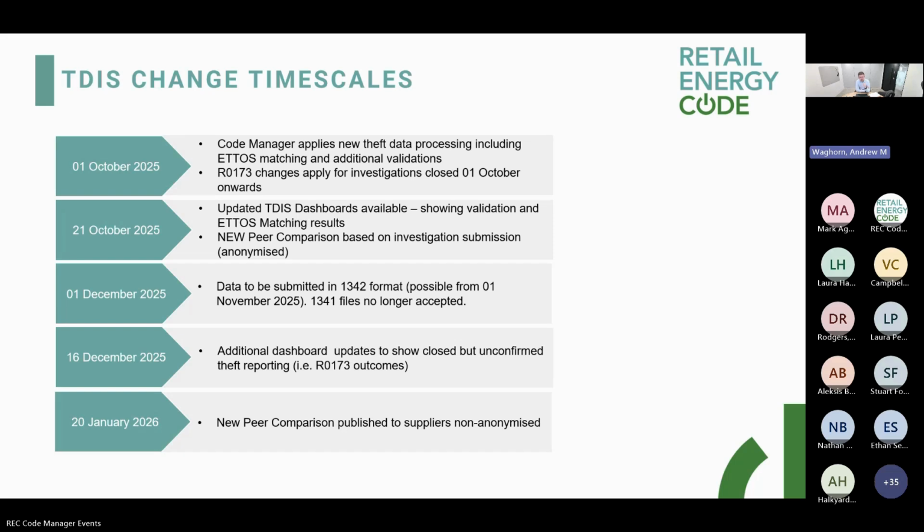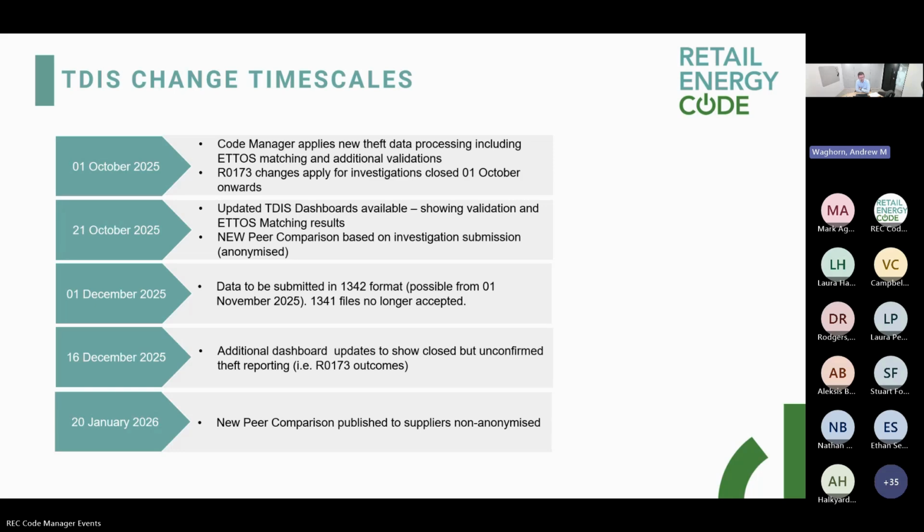So later this month, linked to that change around the new data processing and particularly the ethos matching, there'll be an update made to the TDIS dashboard. The first round of that being published is the 21st, and that will go live. In addition, we have a new peer comparison that has been added based on PAB discussion over the previous couple of months.